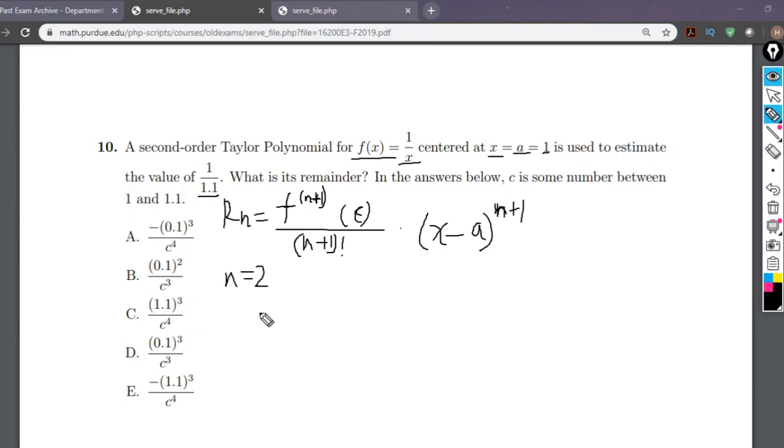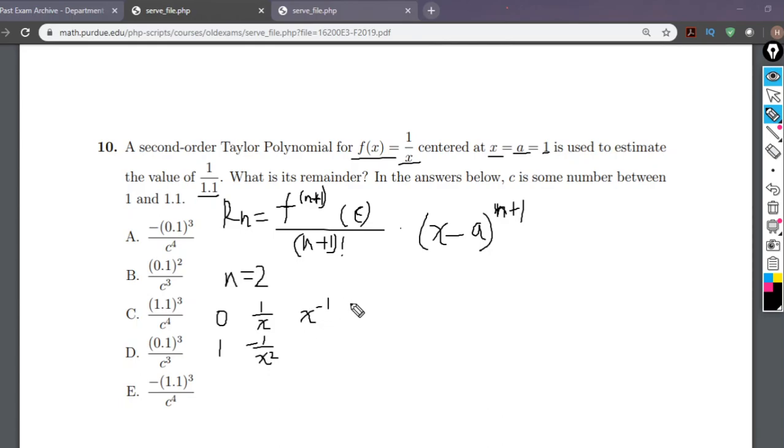So let's just plug that all in. First take the derivatives. The original function, the zeroth derivative, is this. And then the first derivative would be -1 over x squared. It's chain rule because this is technically x to the -1 power.